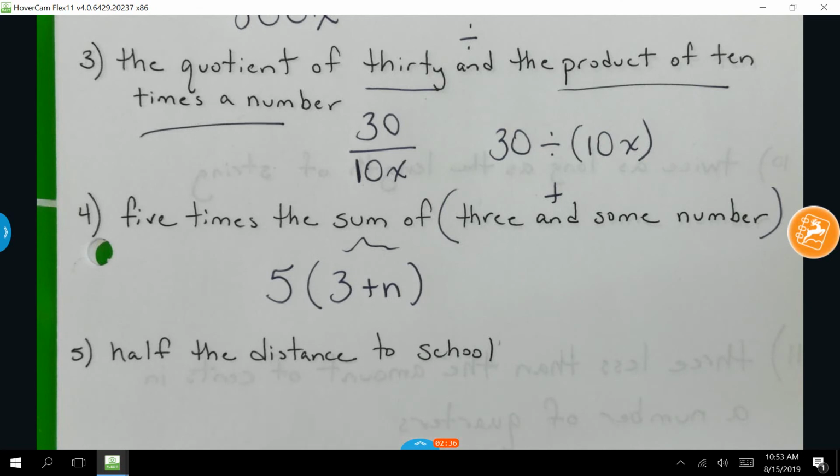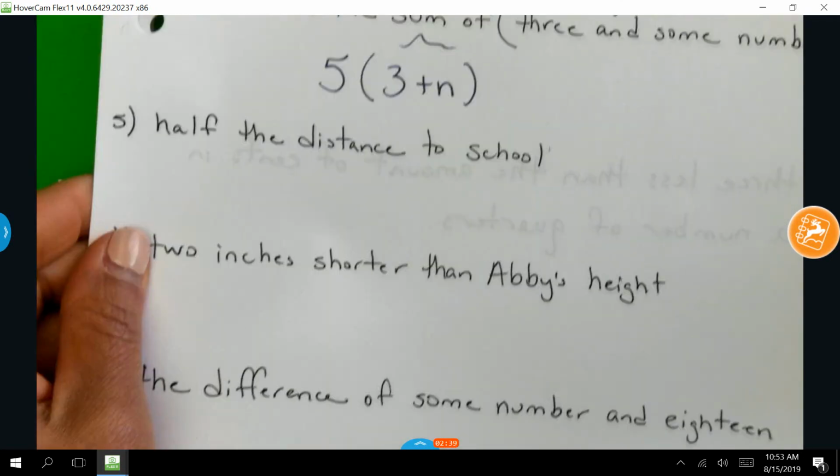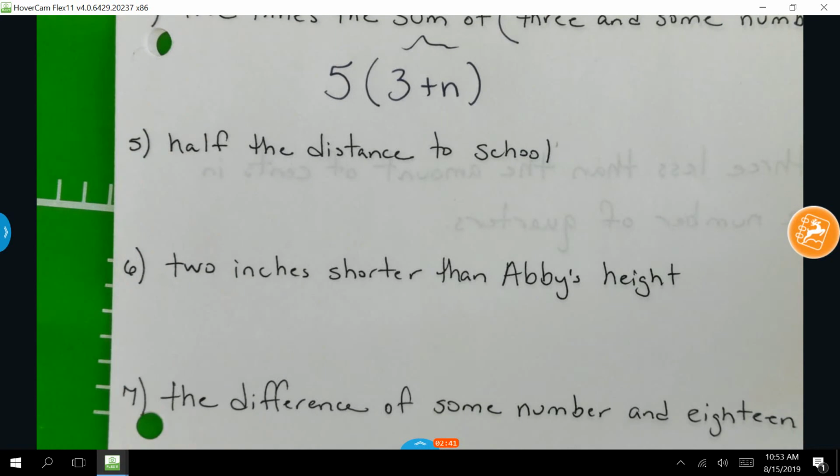Number 5. Half the distance to school. If, again, like we just were talking about, this doesn't make sense to you, make up a distance. What if you are 10 miles from school?